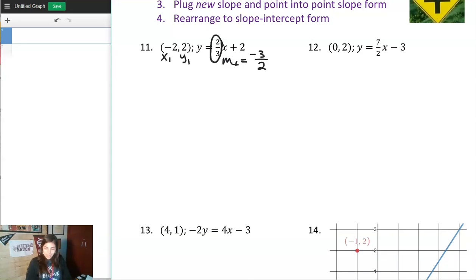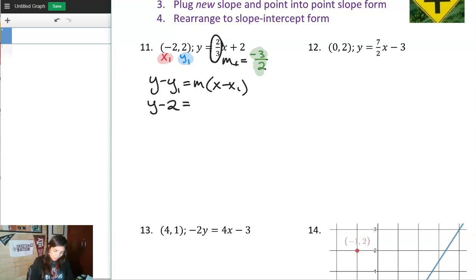And now I have a slope, I have an x1, and I have a y1. That's everything I had a second ago when I was doing the same kind of problem. If we have a point and a slope, we fill in point-slope form: y - y1 = m(x - x1). All of those parts are labeled. We just put them where they belong.